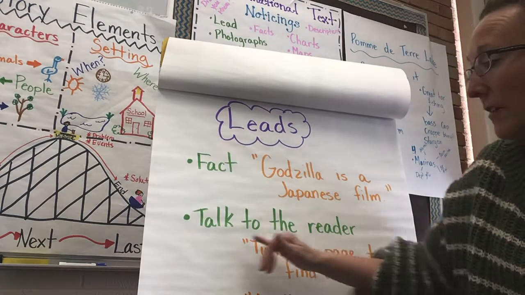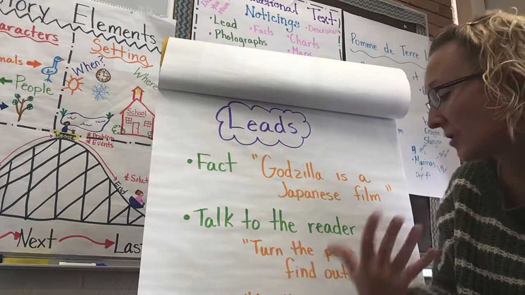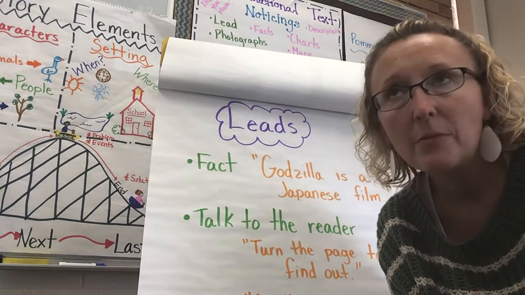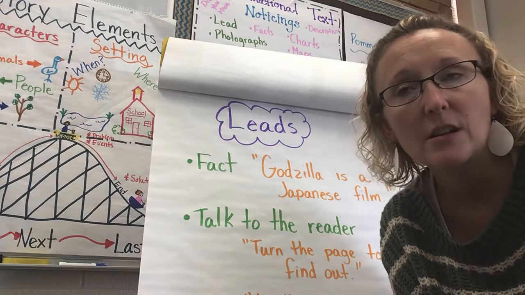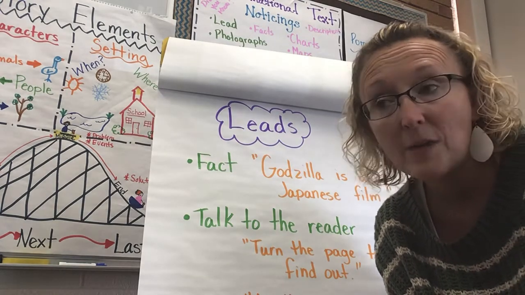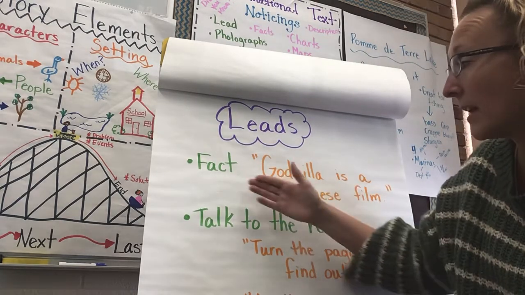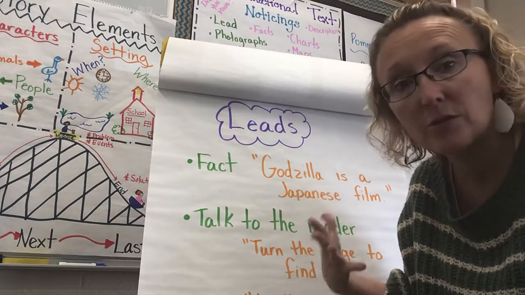So that's one that I wrote up here. You could talk directly to the reader. You could say something like, turn the page to find out more, but you would want another sentence first. So you might add a fact, which is the other thing I thought. A fact would be something that you know is true, right?